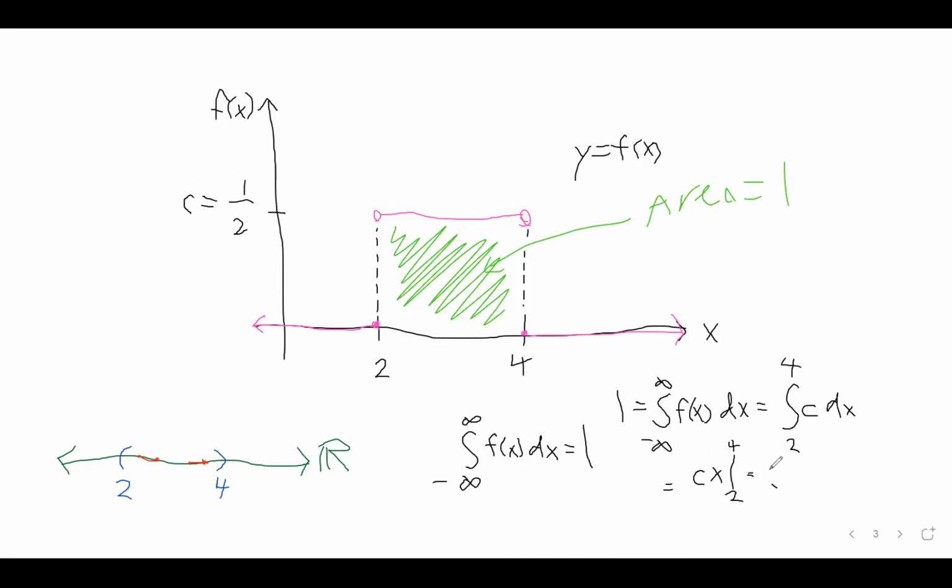This is equal to c times 4 minus 2, which is 2c. We have that 2c is equal to 1, and that implies that c is 1/2. So that's how in that example we get that the height of the PDF is 1/2.